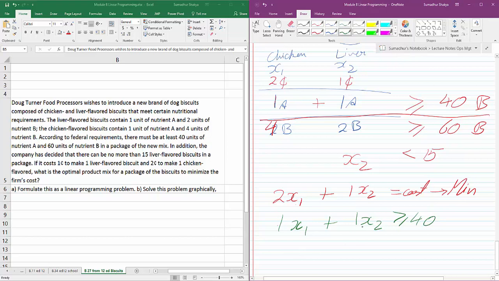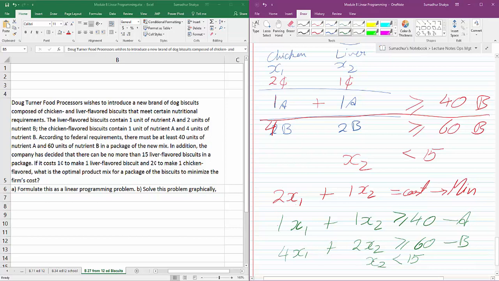This would be the nutritional value of A, so constraint A. And then the next one, 4x1 plus 2x2 has to be greater than or equals to 60 as per the federal requirement for nutrition B, and x2 has to be less than 15. That's the condition, that no more than 15 liver flavored.